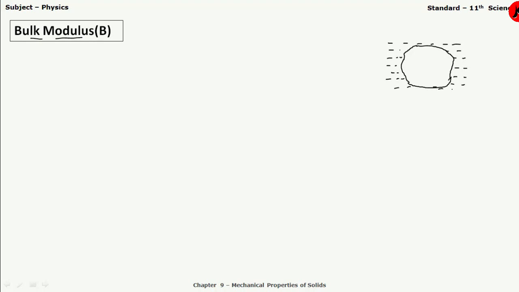If we place a solid body in high pressure fluid, then what will happen?